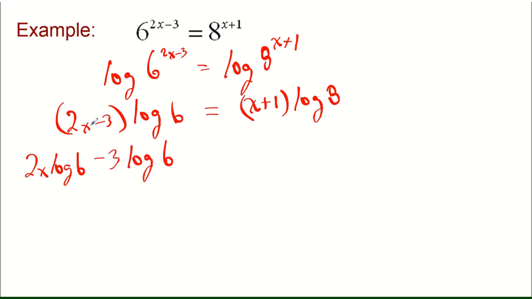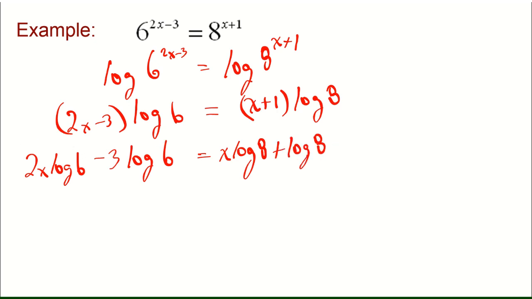Notice when I multiply these in, these numbers have no bearing on changing your argument. It stays what it is. So it's just 2x log 6 minus 3 log 6 equals log of 8 times x. So x multiplied by the log of 8, 1 times the log of 8. That's the log of 8.